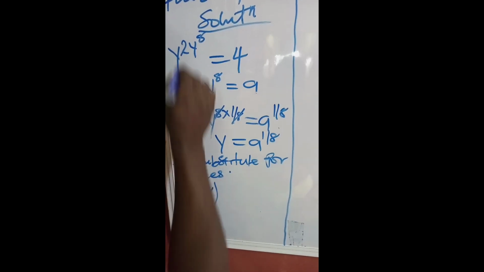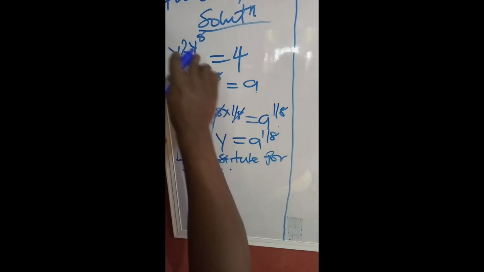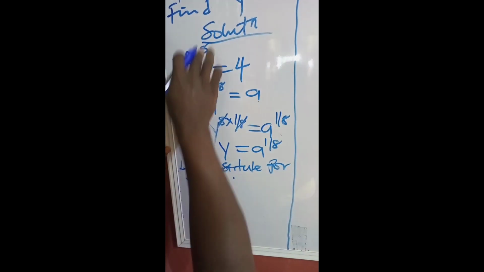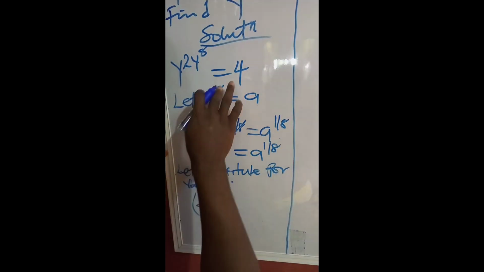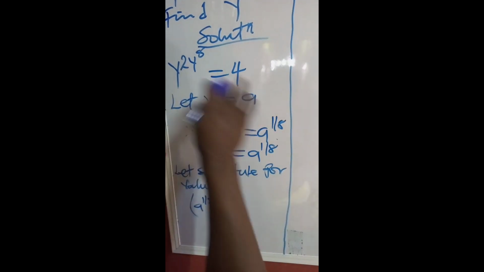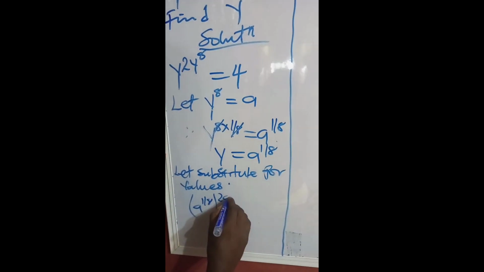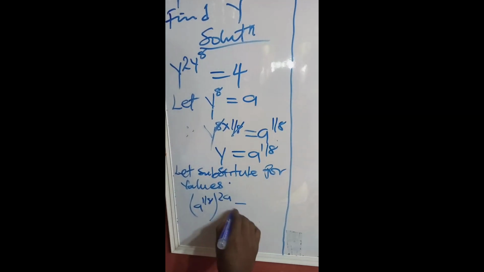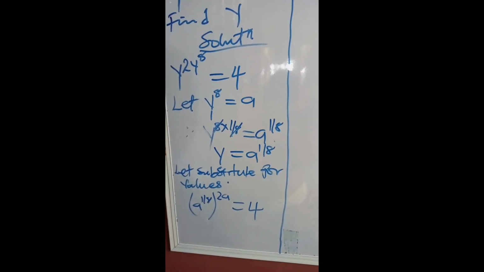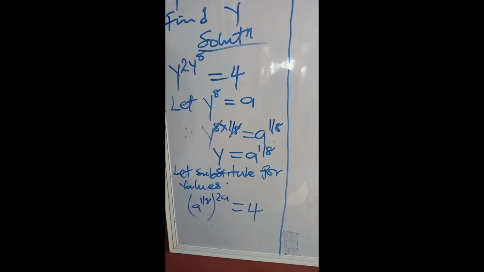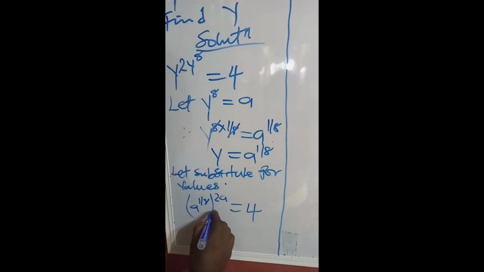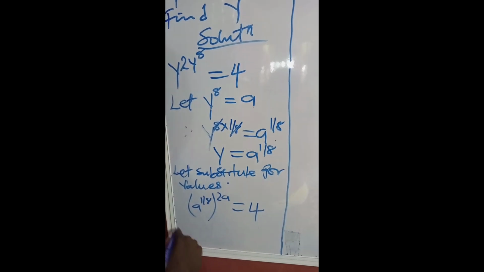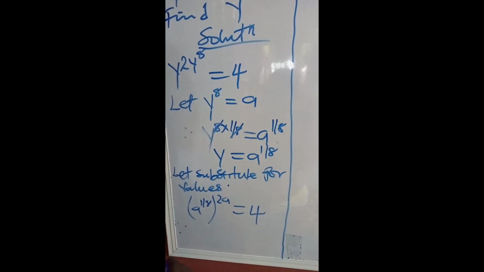Now, remember that this y raised to power 8 is also equal to A. So instead of writing A raised to power y raised to power 8, we are replacing it with A. Therefore, this place will be A, and that's equal to 4. At this junction, let's apply the double power law in indices.